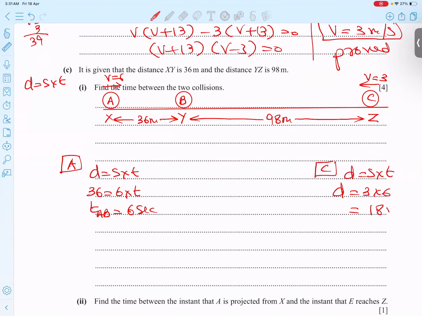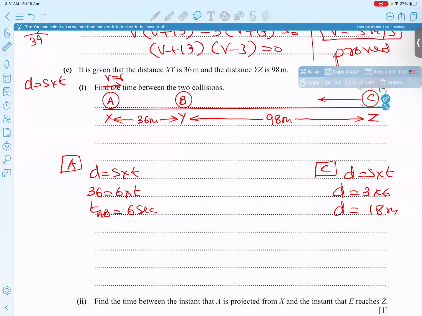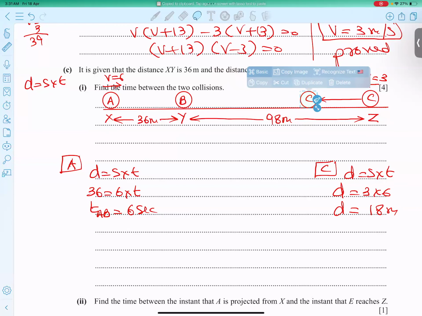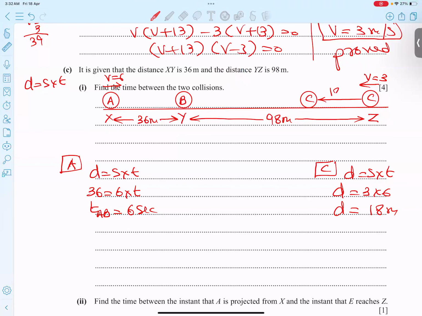It means it will travel 18 meters, close to just hitting B. So this C object will come here. When it travels 18 meters, the remaining distance out of 98, subtract 18, is very clear: 80 meters. So the distance left between them is 80 meters.